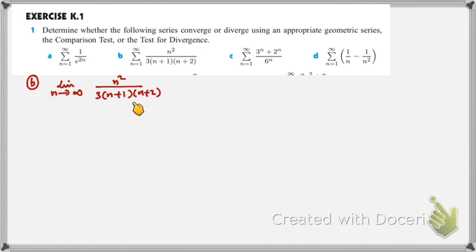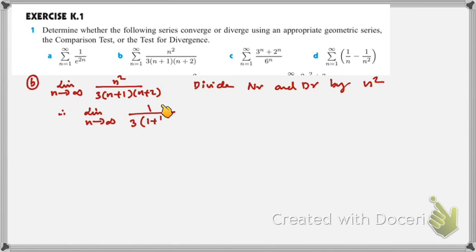And so what would happen is, in the numerator, when I divide by n square, it's going to be simple 1. In the denominator, 3 stays there, and n plus 1 into n plus 2 is divided by n square. So I took one n inside the first bracket and the second n inside the second bracket.